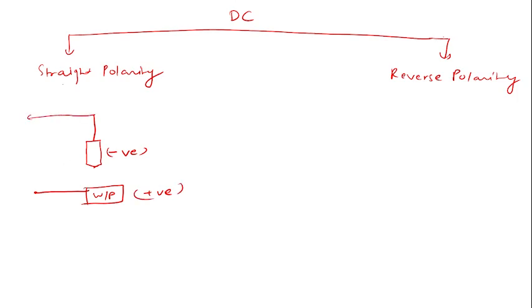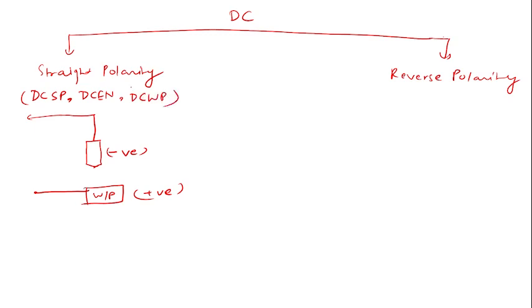So what we call in the question, most of the time they will ask you in terms of DCSP, that is direct current straight polarity arc welding, or one more name for this, direct current electrode negative welding, or direct current workpiece positive.